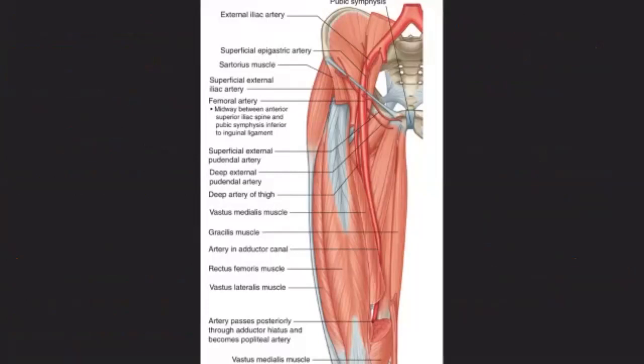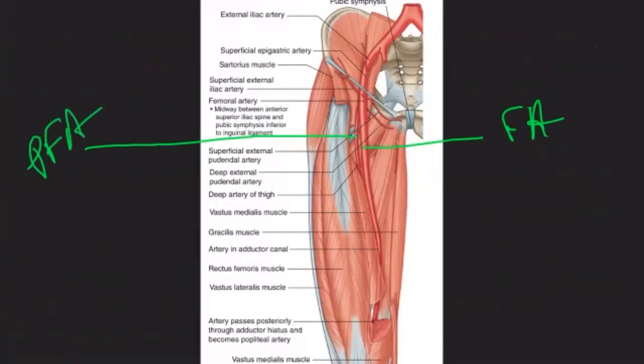You see, this one is the femoral artery. That one is the profunda femoris artery, right? That is 3.5 centimeters from the inguinal ligament, right?